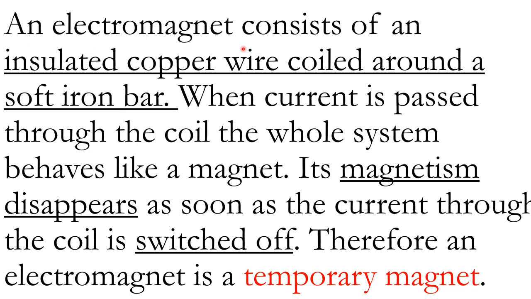An electromagnet consists of an insulated copper wire coiled around a soft iron bar. When current is passed through the coil, the whole system behaves like a magnet. Its magnetism disappears as soon as the current through the coil is switched off.